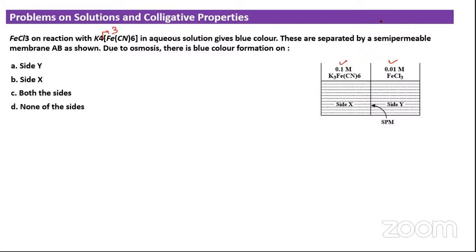Pi is equal to CRT. Okay, yes. How will that help? C is larger. Okay. Concentration is larger on K3FeCl6 side, जाता है according to you. Okay. Because osmotic pressure is on side X. Okay.